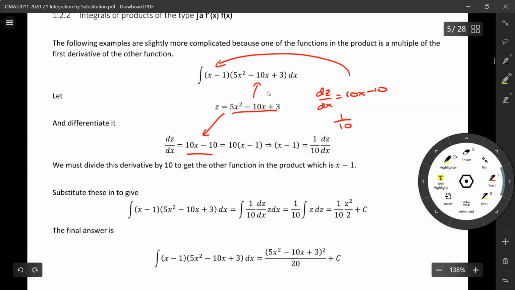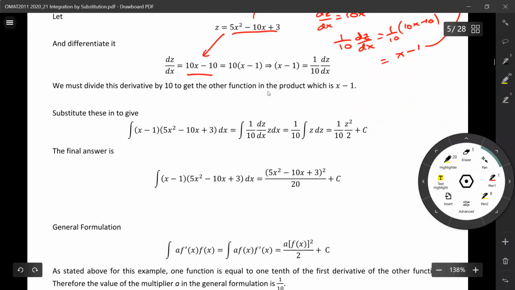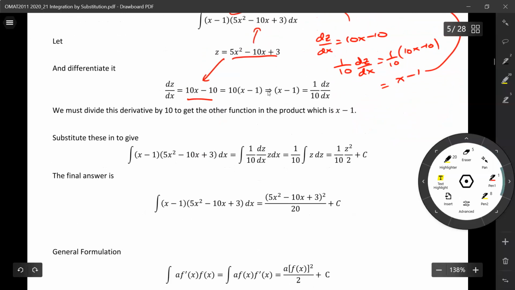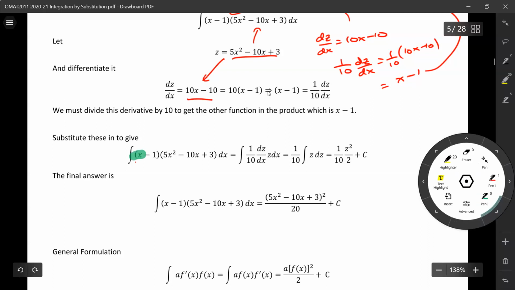So 1/10 dz dx is 1/10 of 10x minus 10, which is equal to x minus 1, and that gives us the one over here. So we know our multiplier there is 1/10. So what we do here is we substitute in for dz. For this one here, we substitute in 1/10 dz dx.